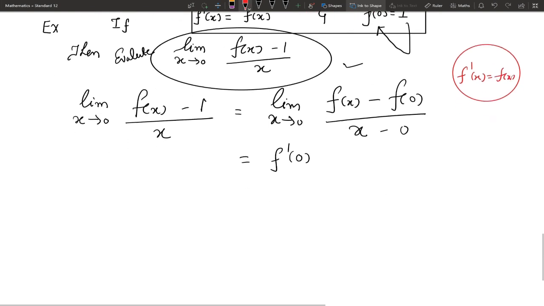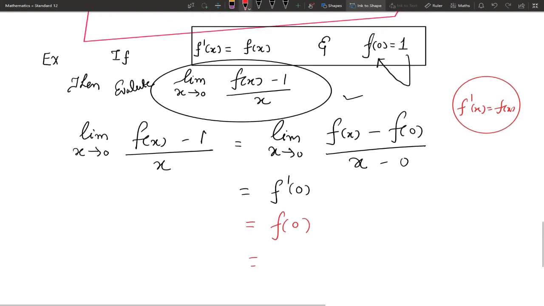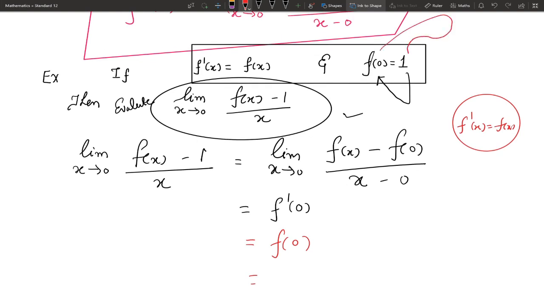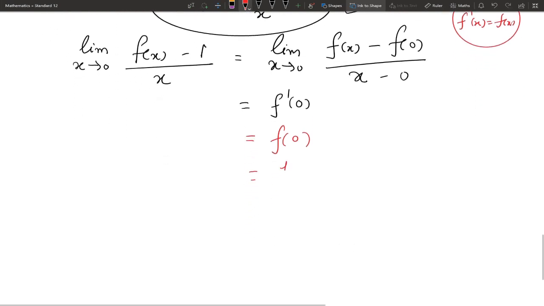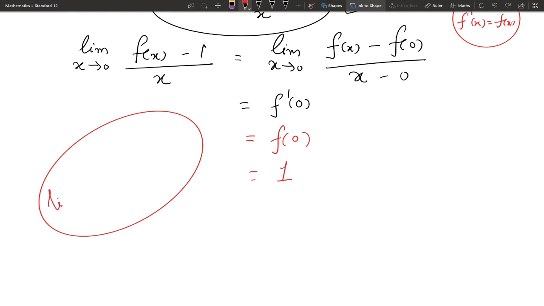So this is f dash 0 equal to f of 0, but f of 0 is again given, it is 1. So value of the limit is 1. So thus limit x tends to 0 f of x minus 1 upon x, value of this limit is 1.